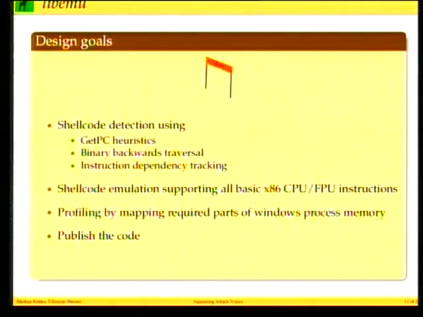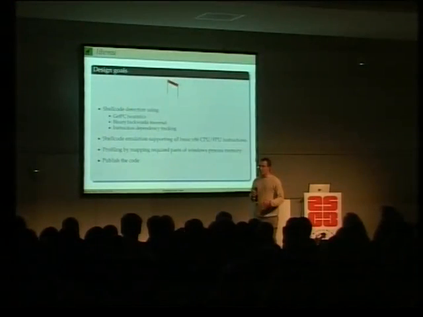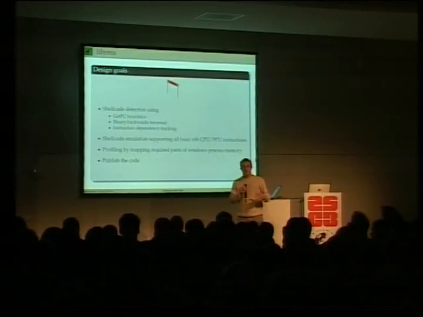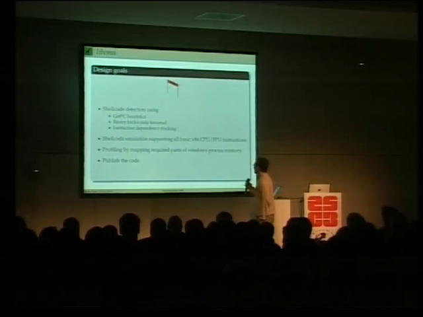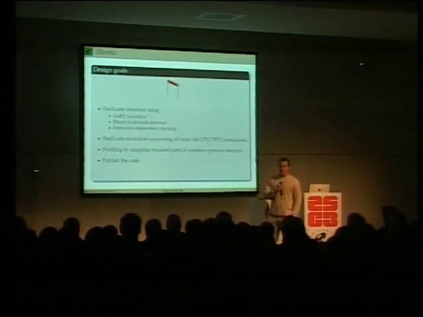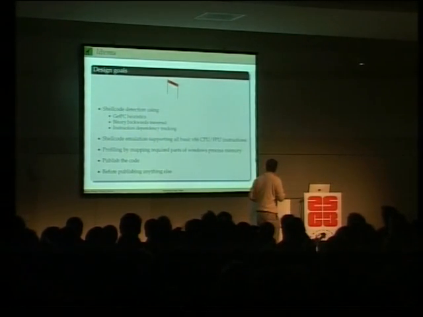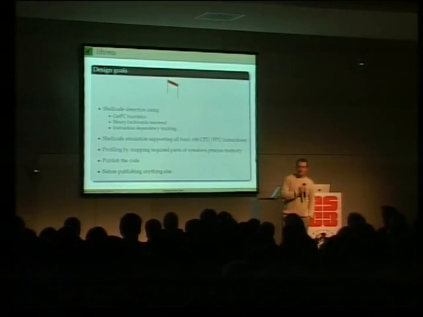We wanted to use the getPC heuristics just mentioned, binary backwards traversal, I'll explain it later, and instruction dependency tracking to detect shellcode. Furthermore, we wanted to allow shellcode emulation. Once we detect it, we might want to execute it, and publish the code.